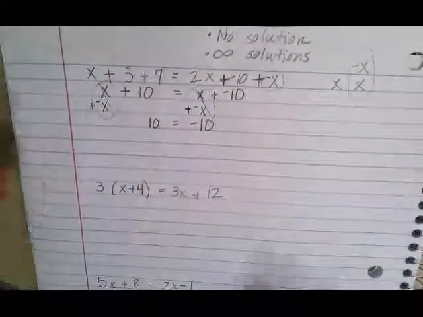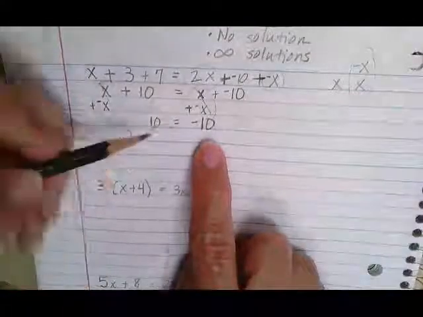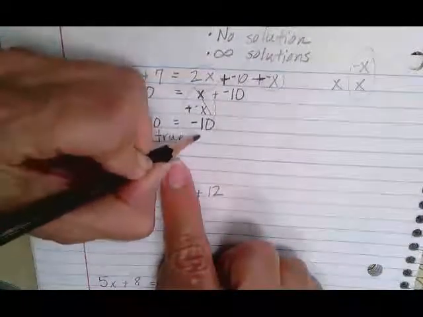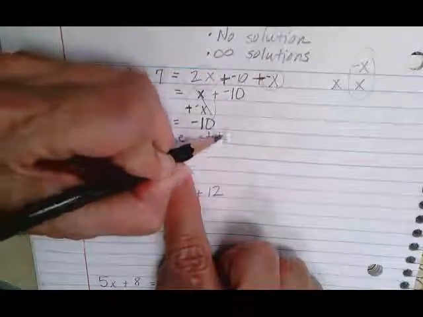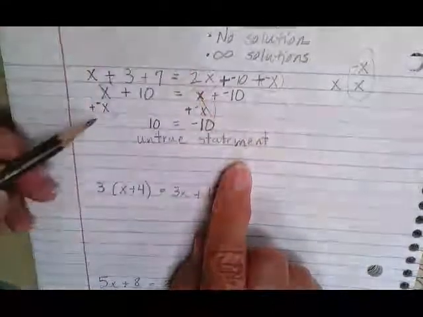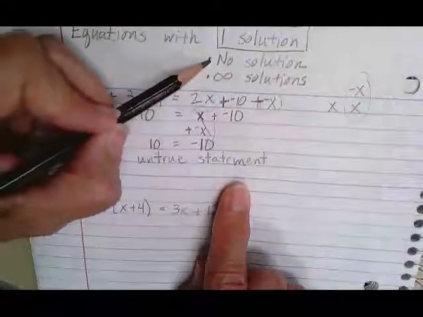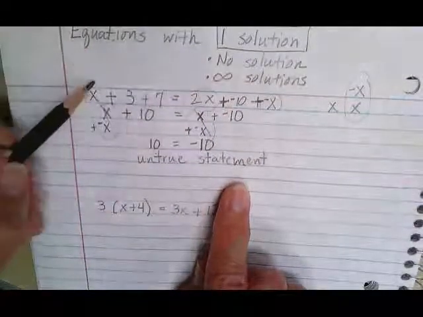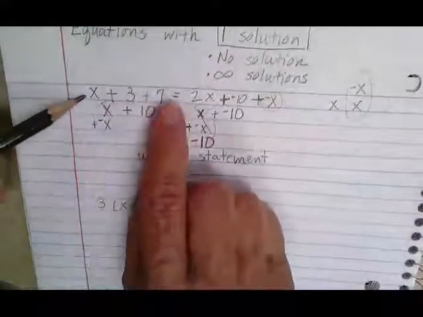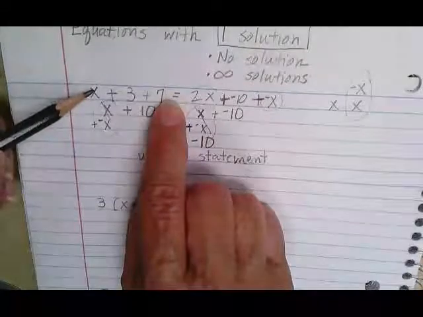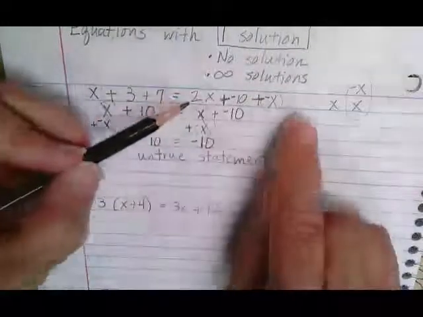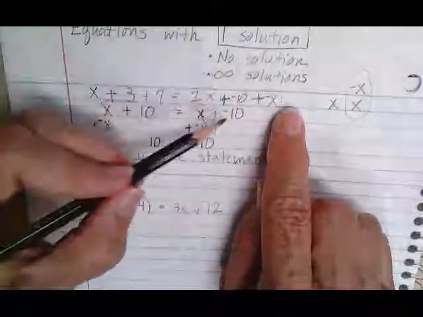Now when I look at that I say this is an untrue statement. In mathematics this is not true. And when I have an untrue statement, that means there is no solution to this problem. When I put something in for x, the quantity on the left-hand side would have to be equal to the quantity on the right-hand side.